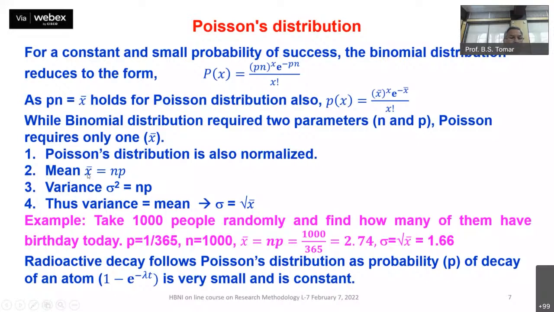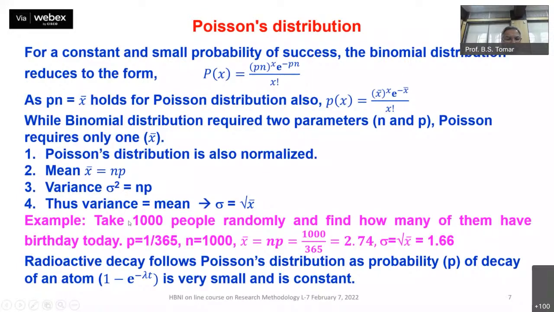The mean for a Poisson distribution is np and the variance sigma square is np. So you can see here, the standard deviation is equal to the square root of the mean. Many a time you can make use of this formulation in arriving at the standard deviation.